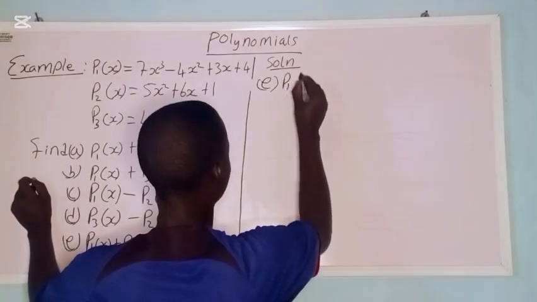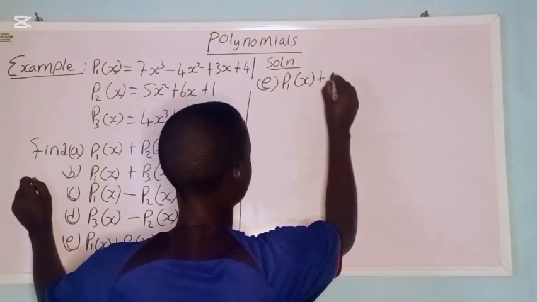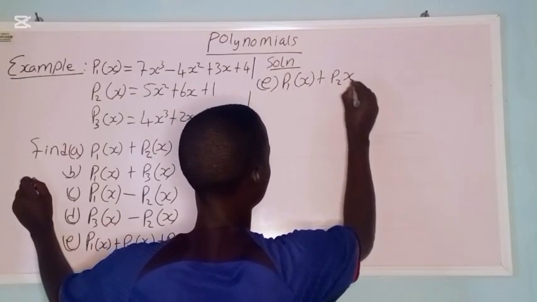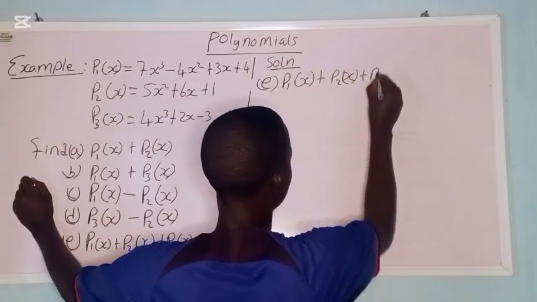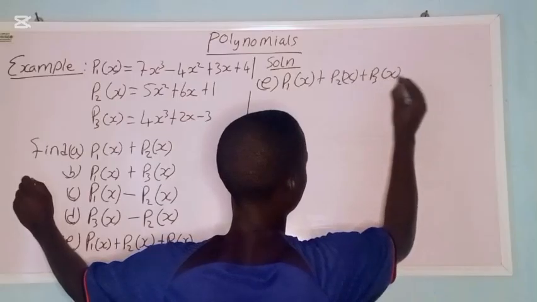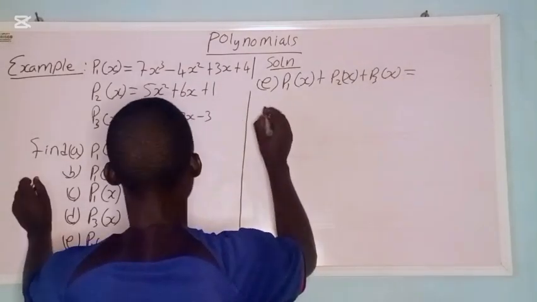We have P1 plus P2 plus P3 is equal to, so now let's start it from here.